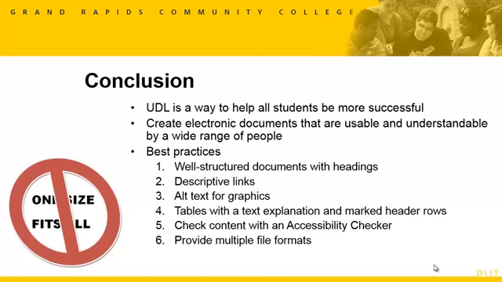Creating course content that is well structured with headings, contains descriptive links, alt text for graphics, data tables that are simple, contain a text explanation, and marked with header rows, checking the content with an accessibility checker, along with providing content in multiple file formats, all help students to succeed.